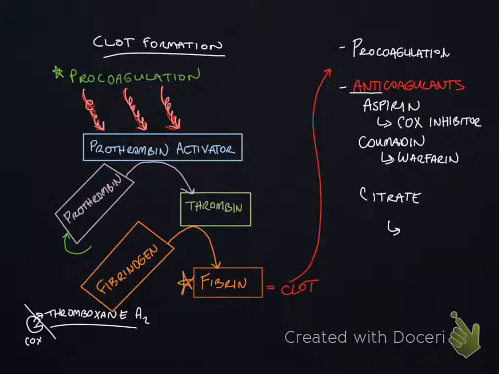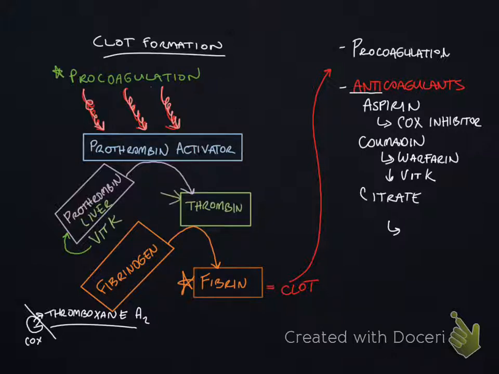Okay, it's also known as warfarin, and it decreases vitamin K. Decreases vitamin K. You're like, I have not seen any vitamin K on here. Well, let me show you where it's at. Vitamin K is needed for the liver to make this protein, prothrombin. And if we don't have enough vitamin K, then we can't make prothrombin. And if we can't make prothrombin, then we never get thrombin.